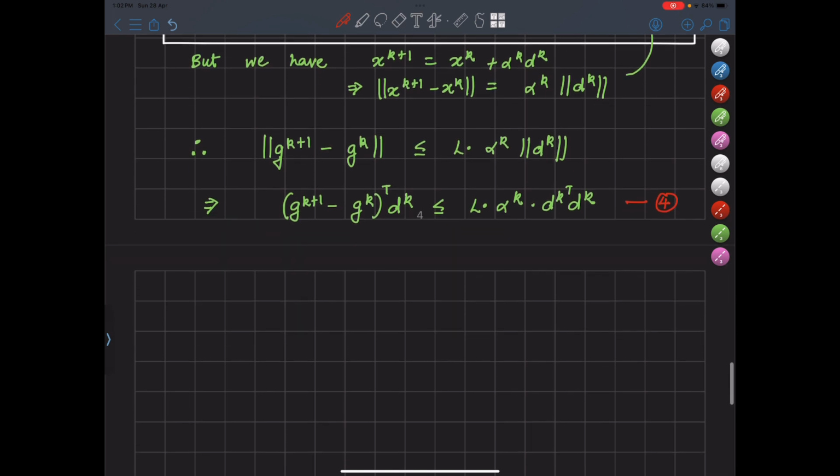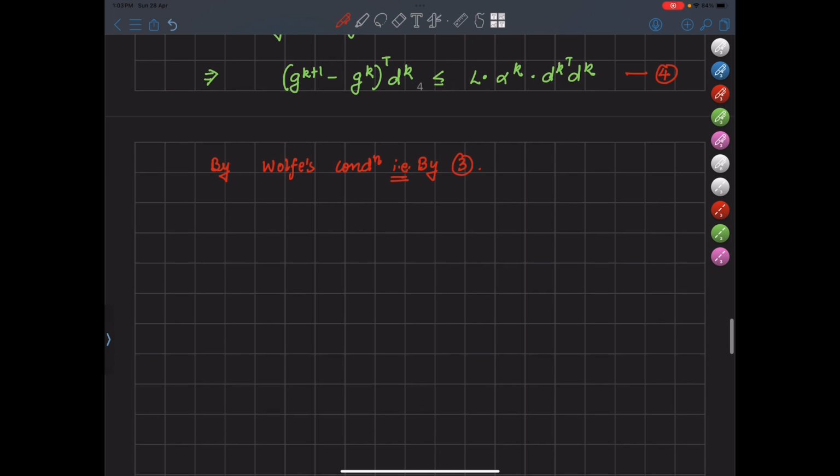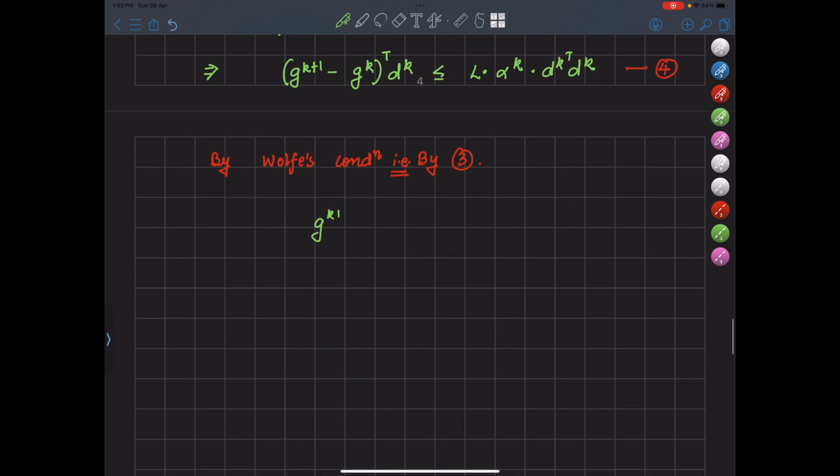Okay, so this is one relation, but by Wolfe's condition, by 3, we had that (g_{k+1} minus g_k) transpose d_k is greater than or equal to (C2 minus 1) g_k transpose d_k. This was from the Wolfe's condition.